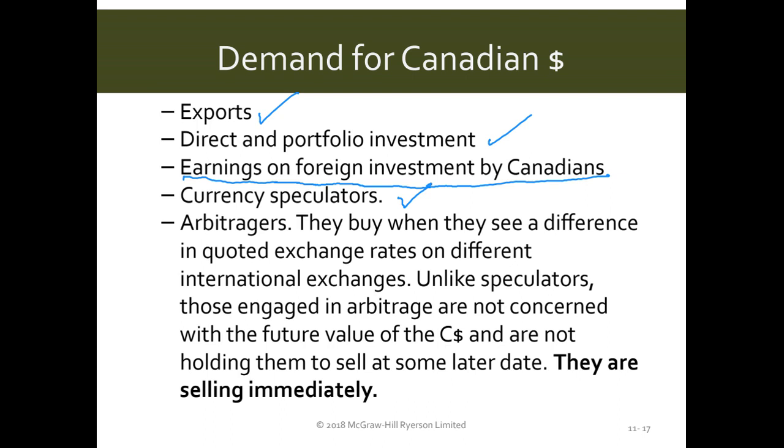They are selling immediately. Let me spend 1 minute to differentiate between arbitragers and speculators. Arbitragers are making money right away. They look into different foreign exchange markets, and if they see a price difference, they just buy low and sell high right away. That is arbitrage. A speculator is holding the currency.